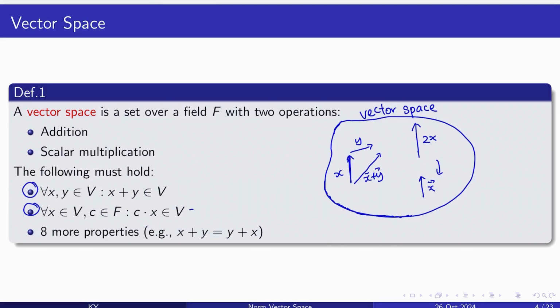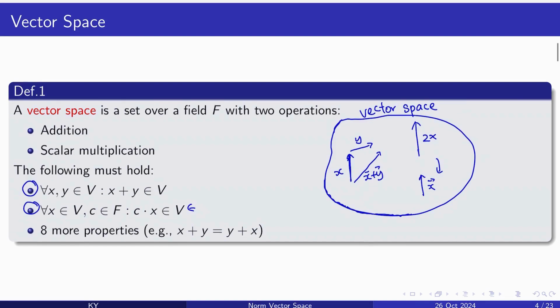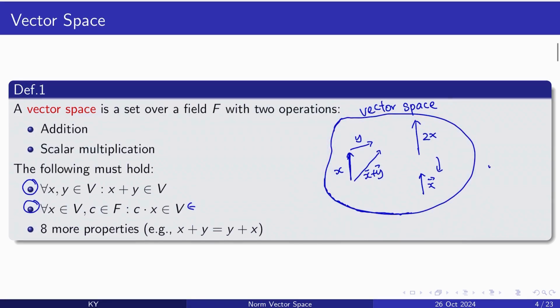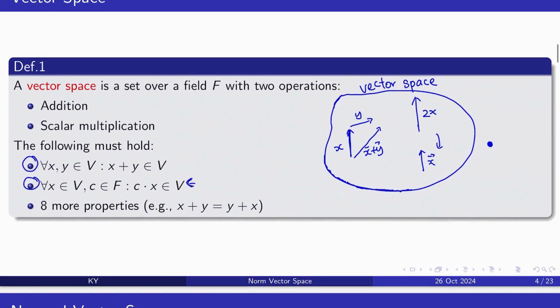What the second point is telling you is that if you stretch or shrink a vector, it still ends up in this space right here and not outside the space. Otherwise, the second condition will not be satisfied.